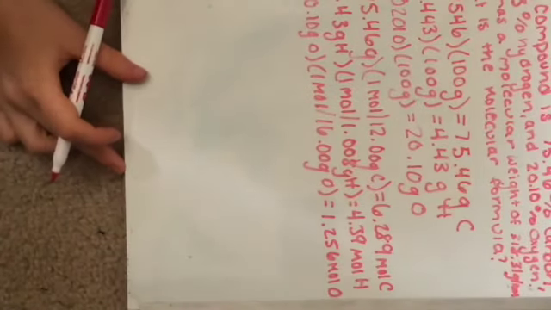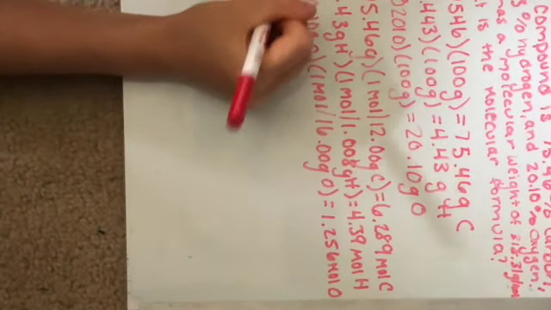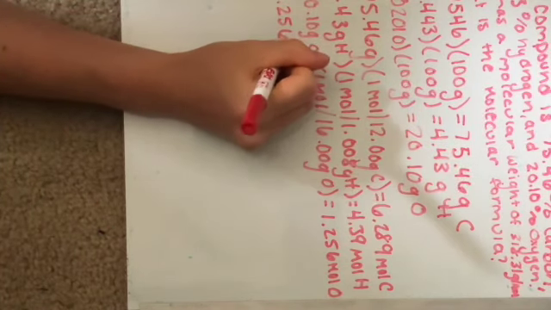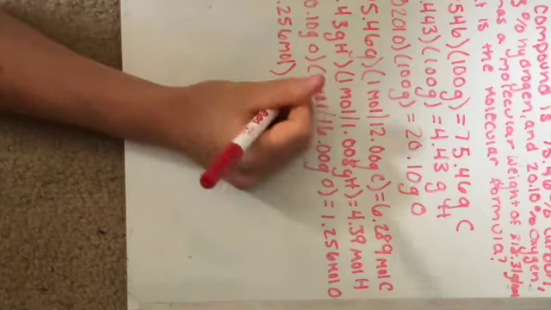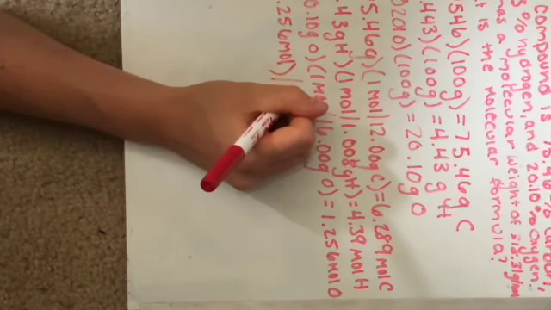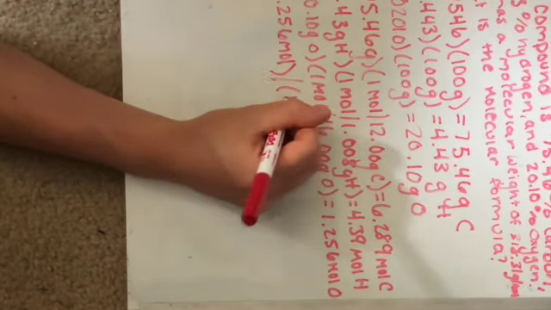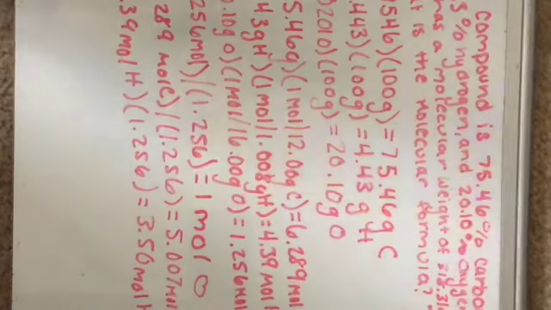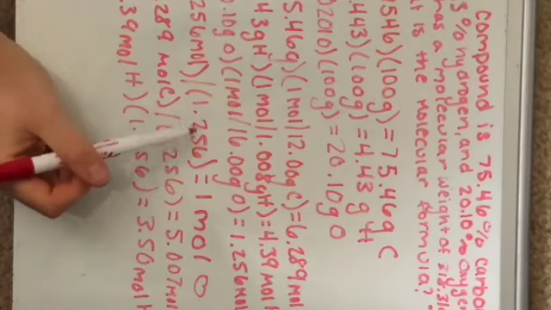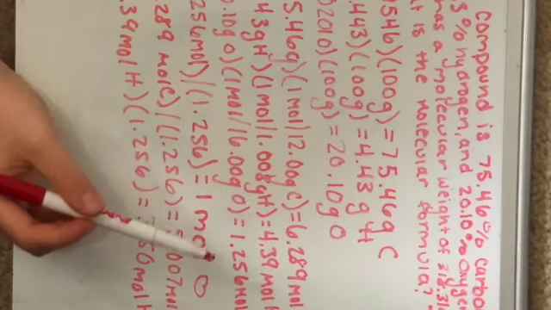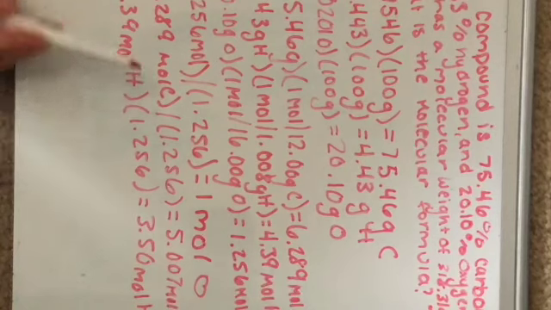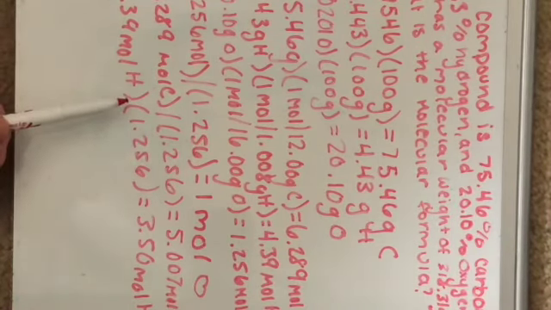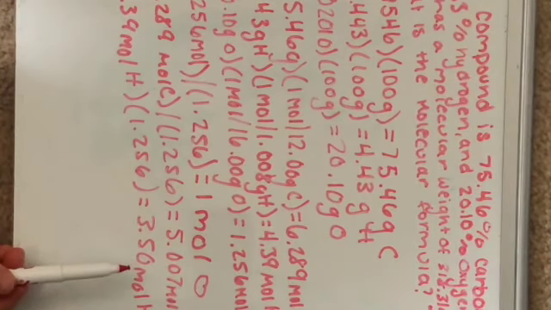So to do this, we're going to take the moles and we're going to divide it by how much we have. So I used the smallest amount of moles that we got from this step right here, which was the oxygen, and I divided each of the moles that we had from each element by that number that we got from the oxygen to get the moles over here.